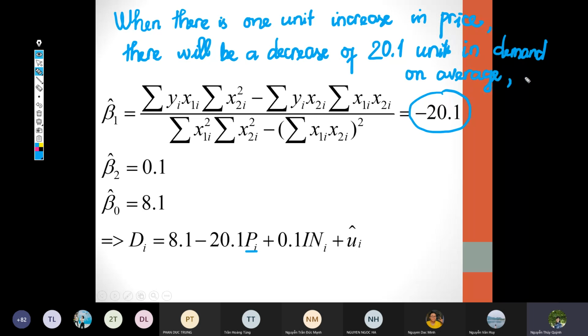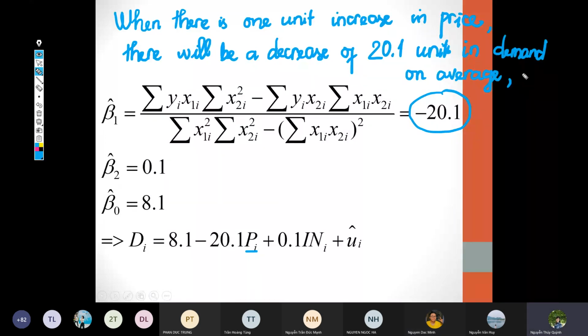And we still have one more thing to say. Remember that there is the partial regression coefficient. We are still with beta 1 hat.